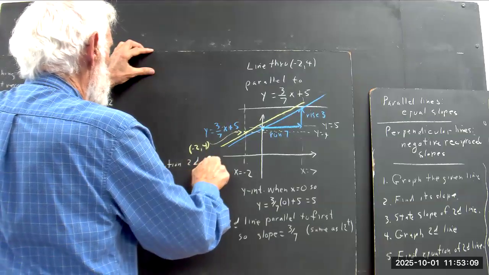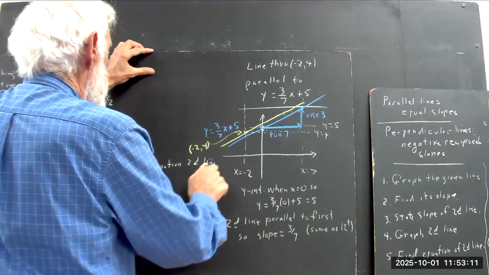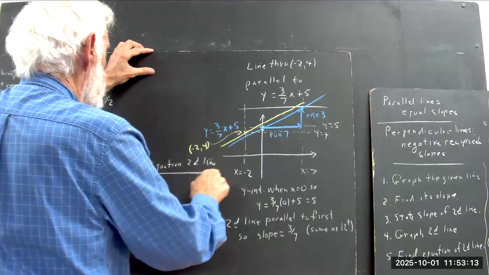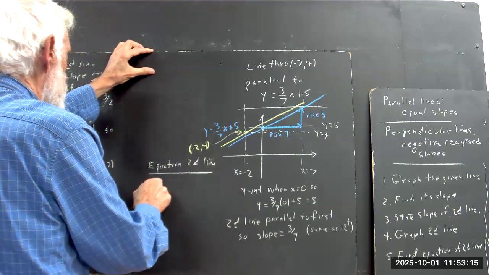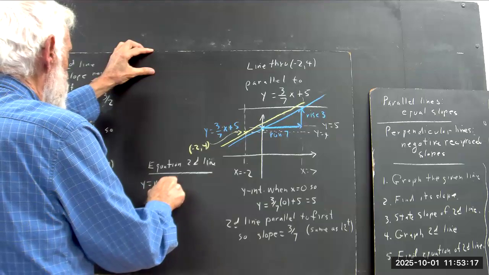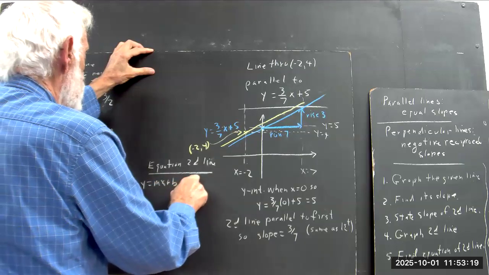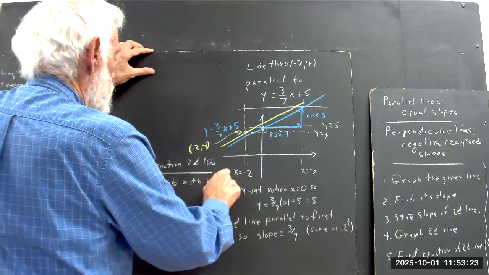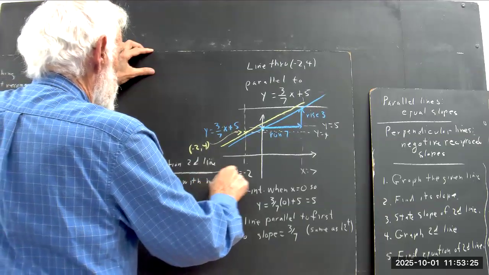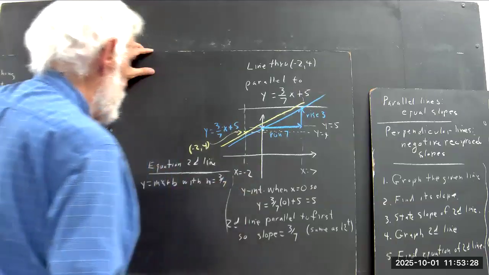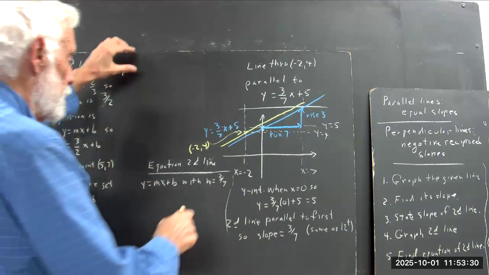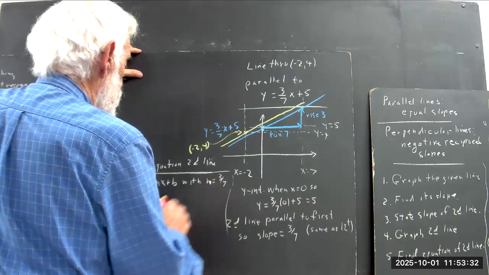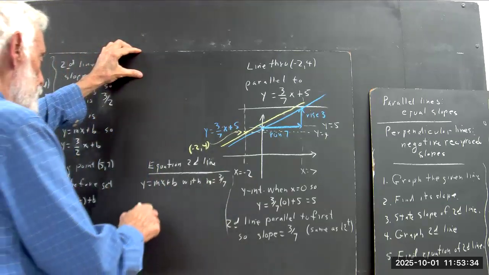Equation of the second line. y equals mx plus b with m equal to 3/7.